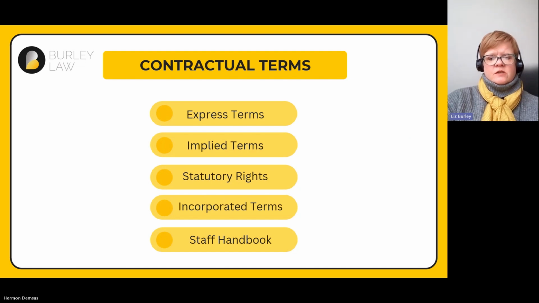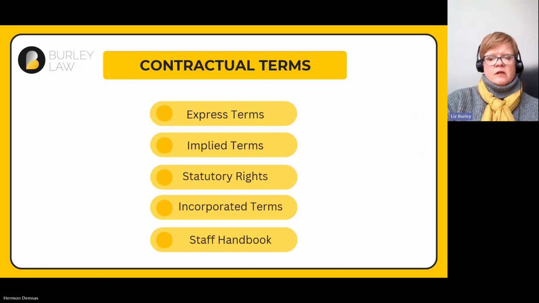Now, the statutory terms and conditions that apply to all workers and employees are set out in the legislation, as I've said. Some of these can be opted out of by agreement, for example, the limits on working time, but they are very limited and not very available to opt out of. Many conditions will apply regardless of what the written contract of employment says, and a very good example of this is notice.